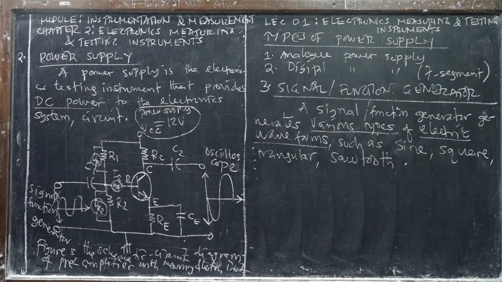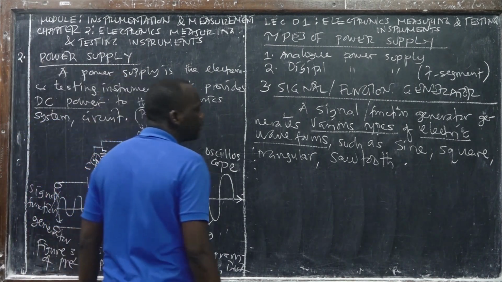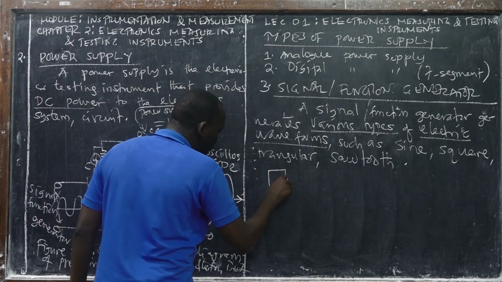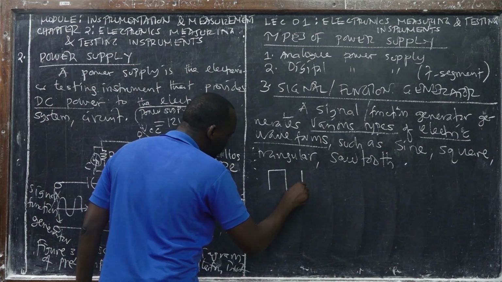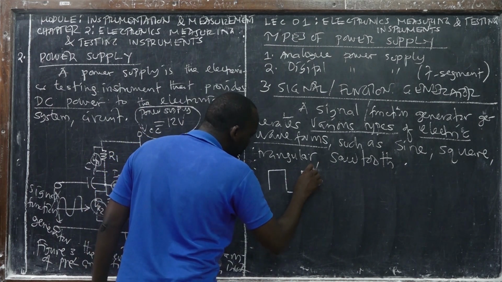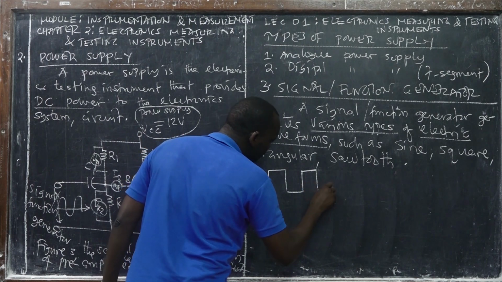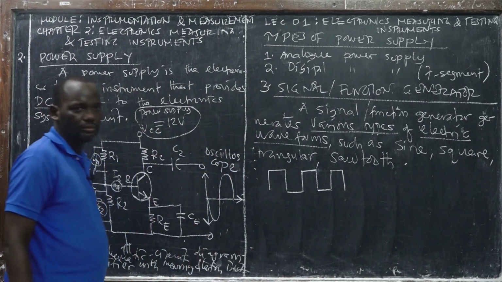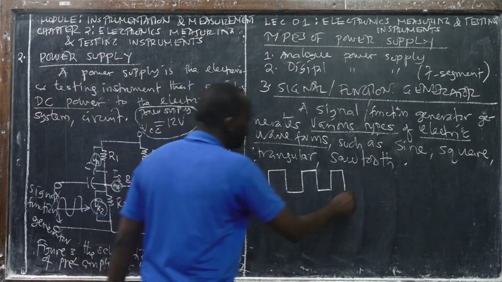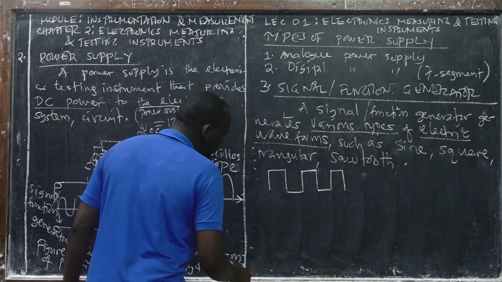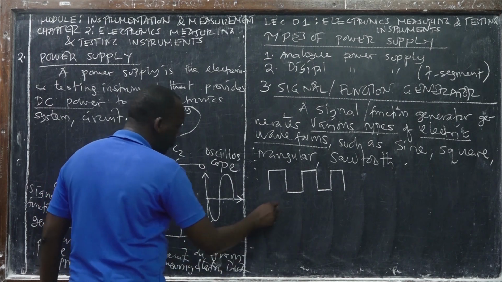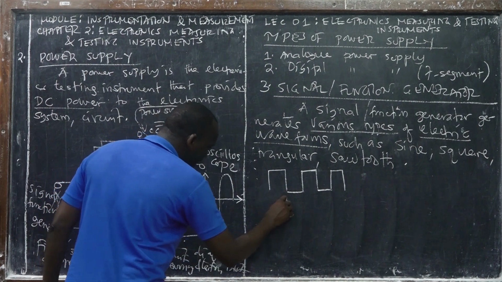It's a graph of sine, right? Then the second one is called the square. So a function generator can give these types of waveform. So this is the square wave. Then it can also give triangular. So the triangular waveform looks like this.